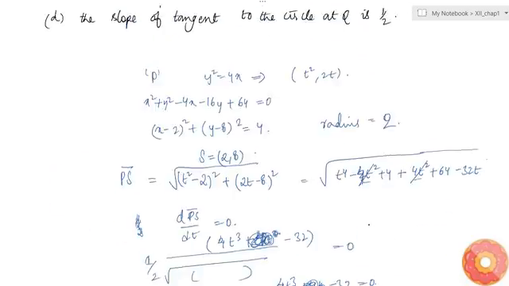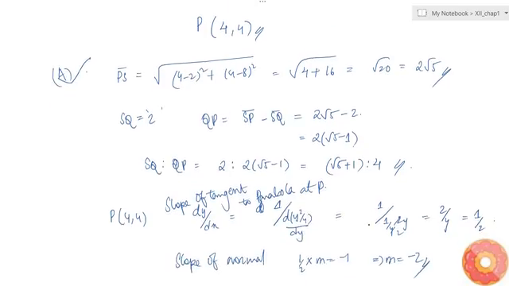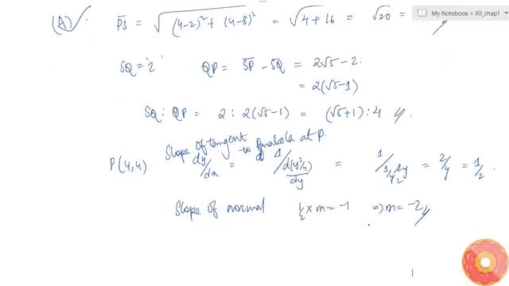And option C requires us to find the x-intercept of this. So we can get the normal as y minus yp, P being the point through which it is passing, is equal to m into x minus xp. So that becomes y minus 4 is equal to minus 2 into x minus 4.